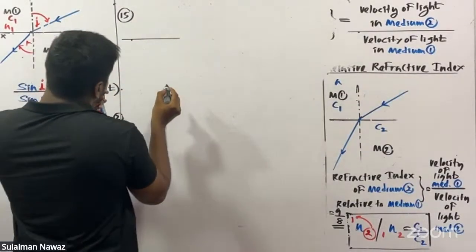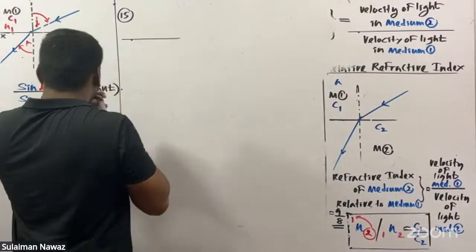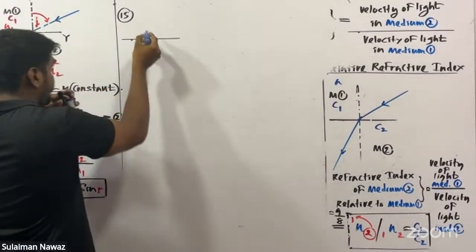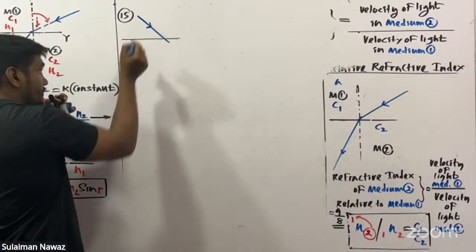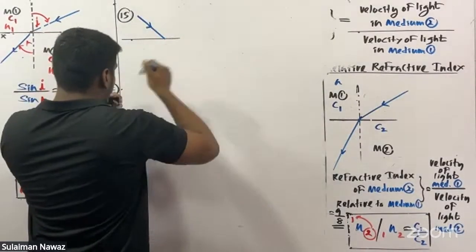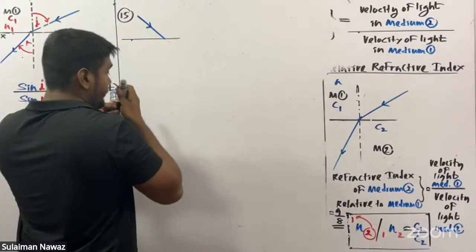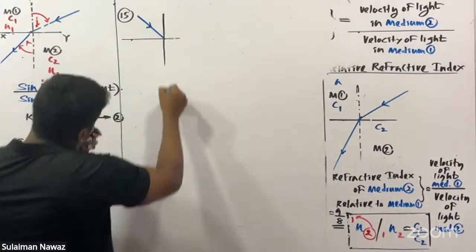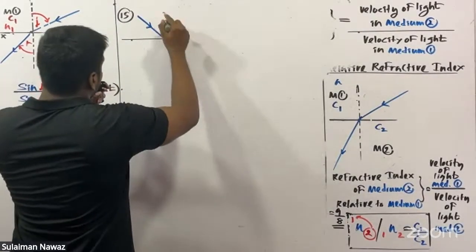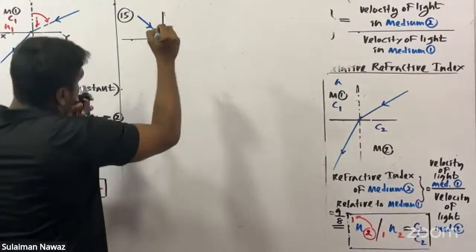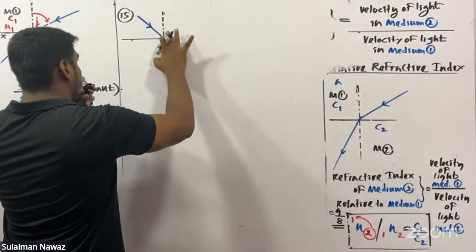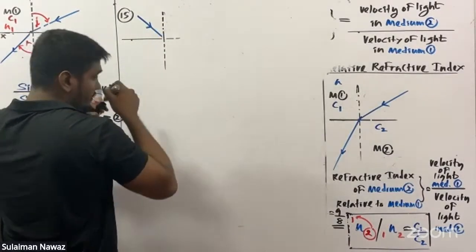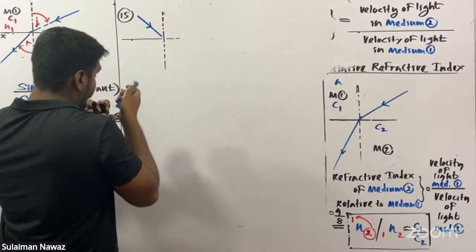Diagram. Then incident angle, the normal, incident angle, and then refracted angle.